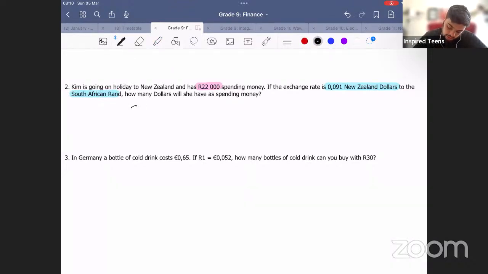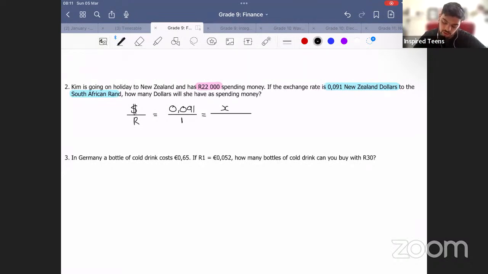So we're going to say the New Zealand dollar over Rand is equal to 0.091, and 1 Rand gives us that many New Zealand dollars. And this is equal to the dollar price, which is what I want to know.